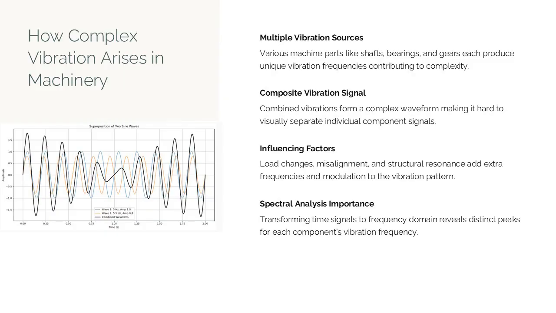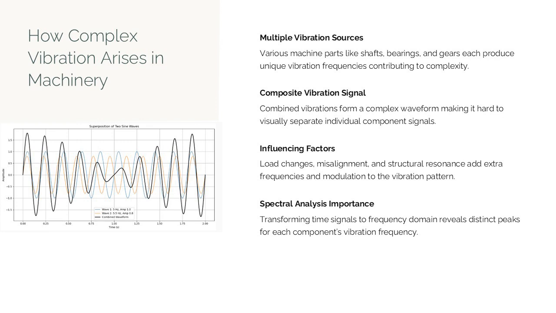In machinery, complex vibration arises from the interaction of multiple components operating simultaneously, each generating its own vibration signature. A typical machine includes rotating shafts, couplings, bearings, gears, and sometimes fans or impellers. Each of these elements introduces forces that vary in magnitude and frequency, resulting in a composite vibration signal.